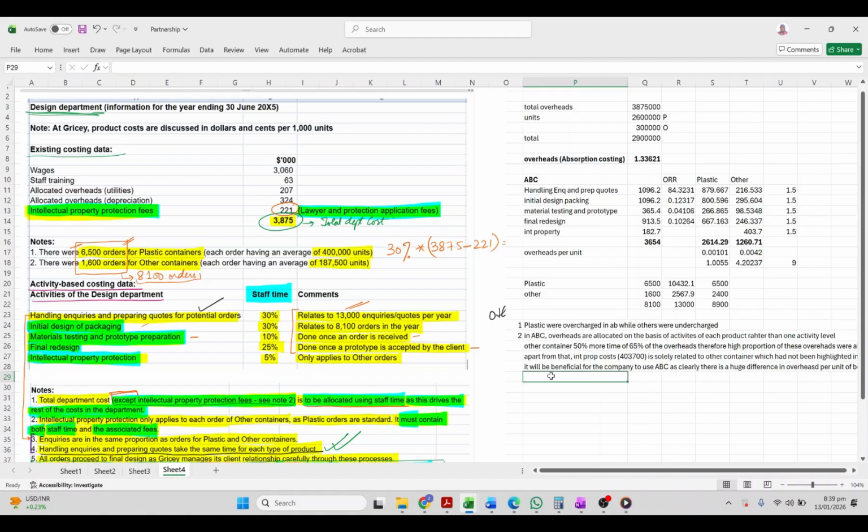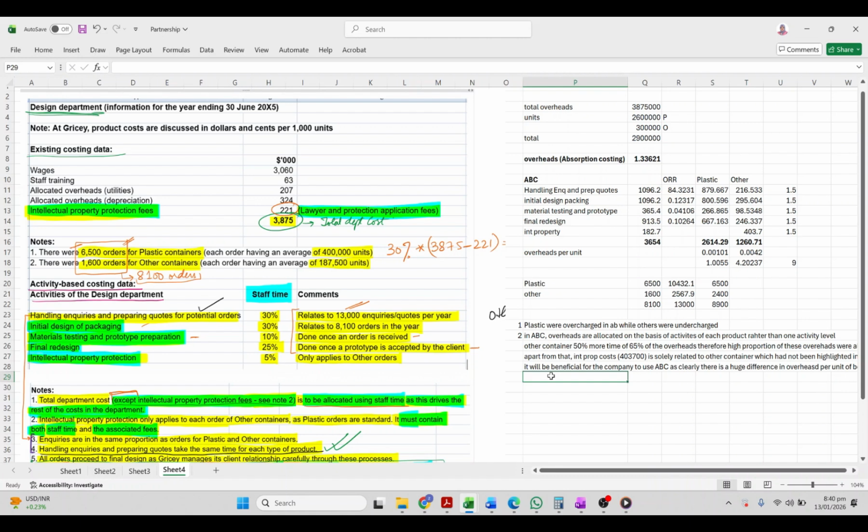So we have connected the traditional, that why ABC is more relevant. We have identified few areas. The first one is that we have identified the problem of traditional absorption costing. We have highlighted why ABC is giving different results, considering the 65% of the overheads and considering this 5% cost which is solely related to other one, right? So that's basically the reason why ABC.